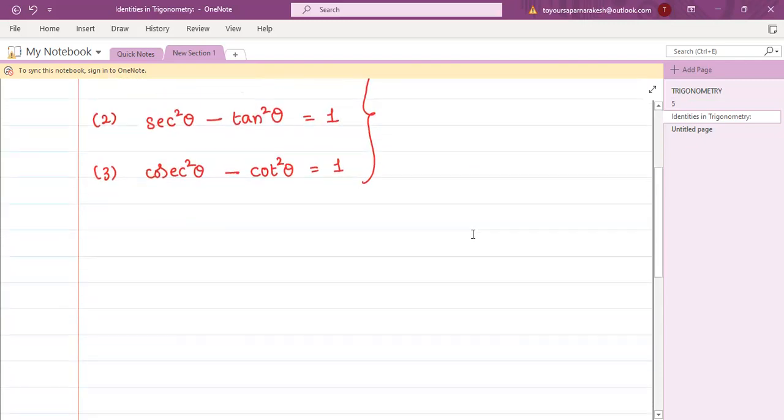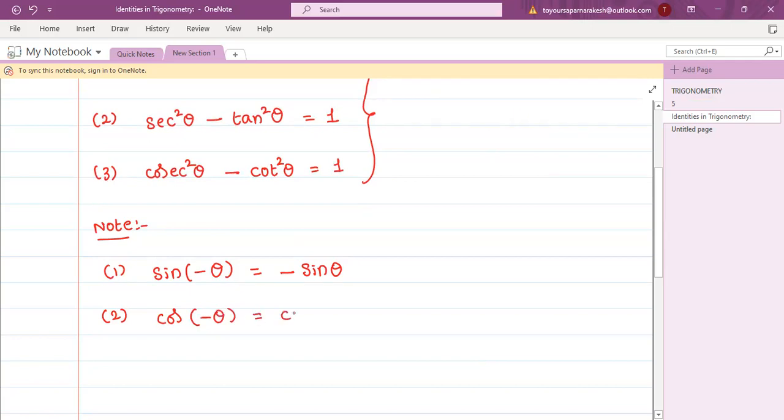In the same way, next we have a note. Listen, these equations are very, very important. Sine of minus theta, the formula is minus sine theta. Second, cos of minus theta is equal to cos theta.